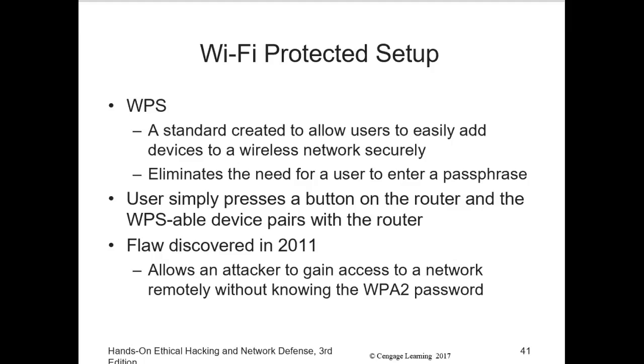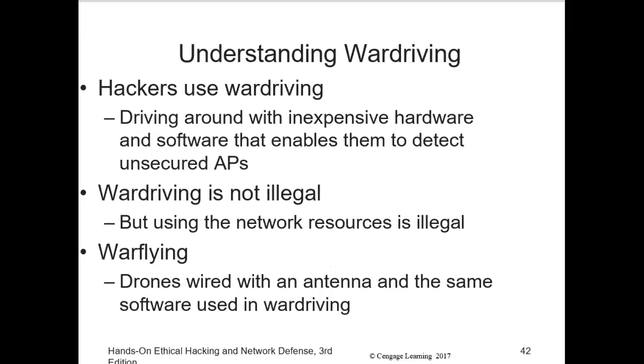And so the issue is that it allows an attacker to gain access to your network remotely without knowing the WPA2 password. This standard was created to allow users to easily add devices to a wireless network, and it eliminates the need for users to enter a password, right? But it gives the attacker some advantages.